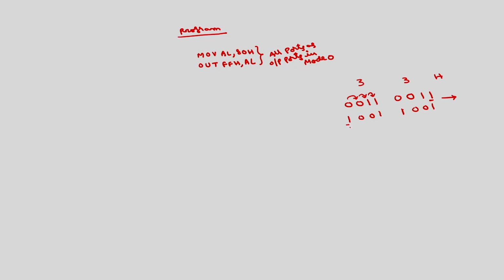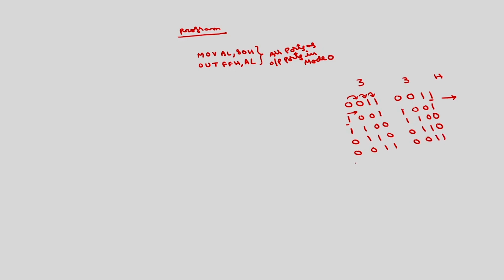After the second rotation, in a similar manner, this bit 1 will come here and all the remaining bits shift to the right by 1 bit position. So this will be 1 1 0 0 1 1 0 0. After the next rotation, 0 1 1 0 0 1 1 0. Next will be 0 0 1 1 0 0 1 1.